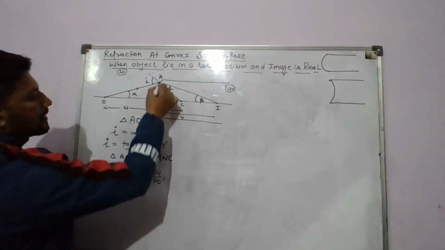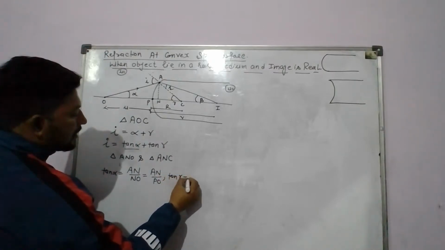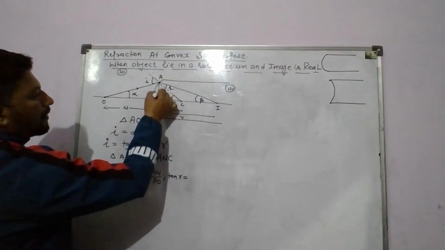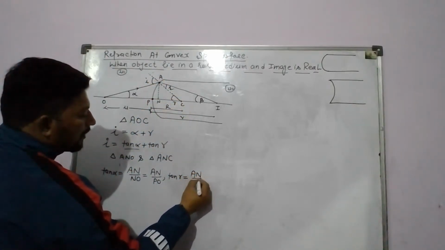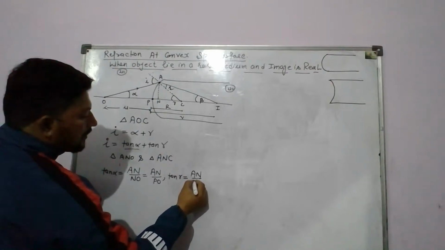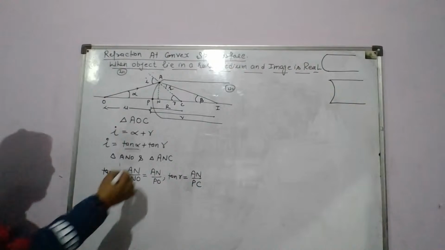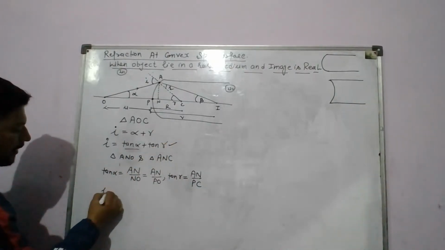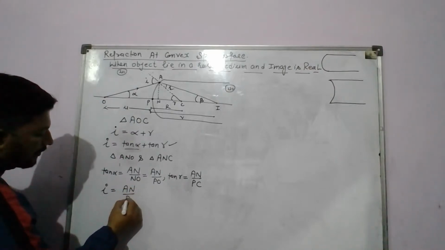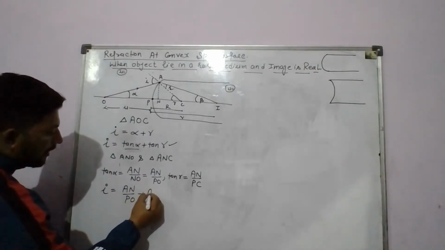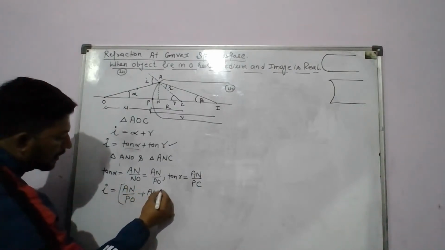Similarly, in ANC, tan gamma is equal to perpendicular AN upon base NC. In place of N we can write PC. Now put these two values in this equation: I is equal to AN upon PO plus AN upon PC. This is your incident angle.